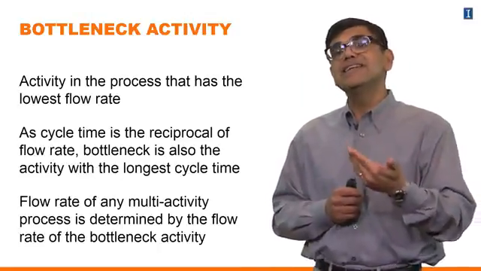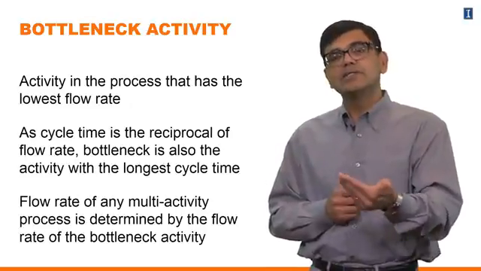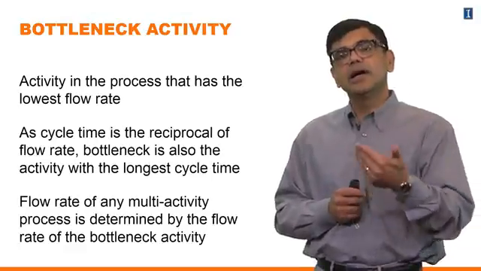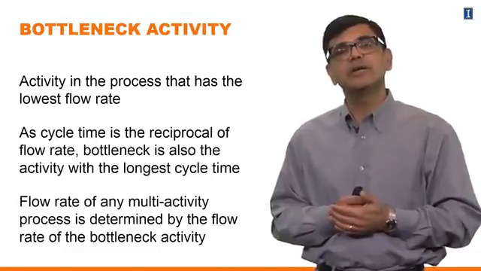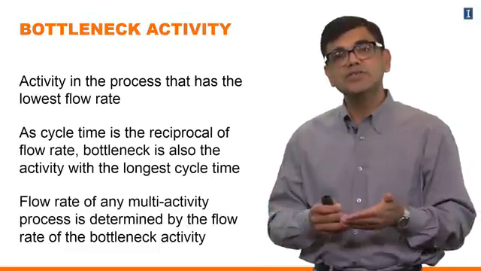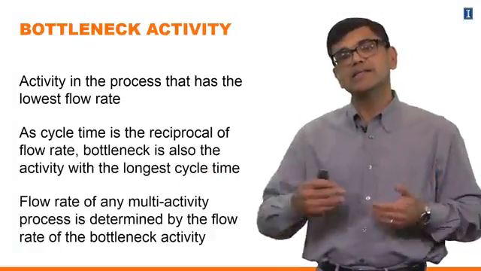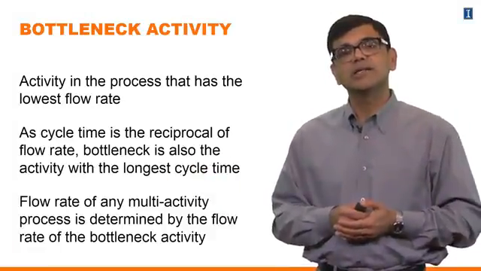So if you need 30 per hour, but the task can only do 20 per hour, that's the bottleneck task, right? That's 20 per hour that you can get from it, and that's going to constrain the level at which that whole process can work. So the bottleneck activity will determine the rate at which the whole process can work.